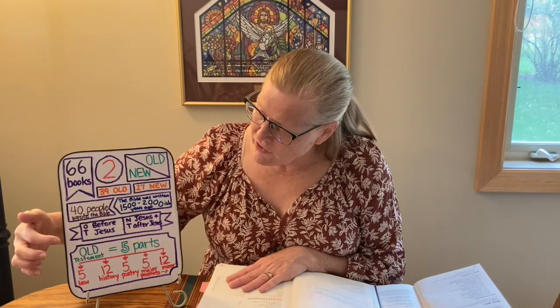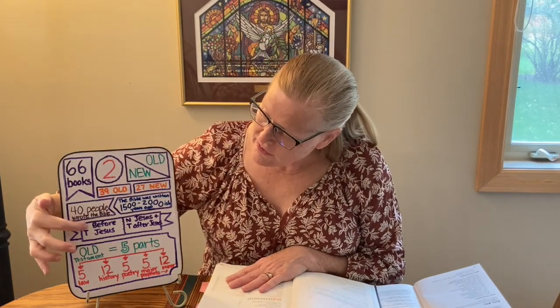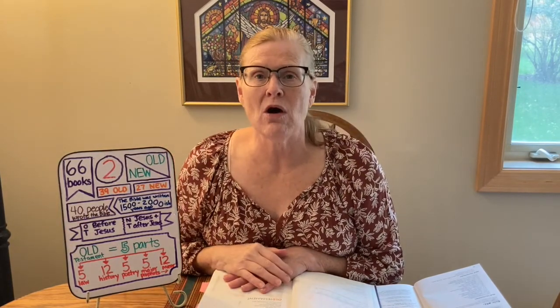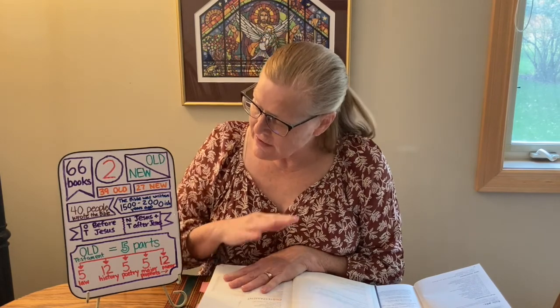The major differences between the Old Testament and the New Testament are that the Old Testament is stories all before Jesus was born. Everything that happened before Jesus was born. And then the New Testament is about Jesus' life and everything that happened after Jesus lived on the earth.